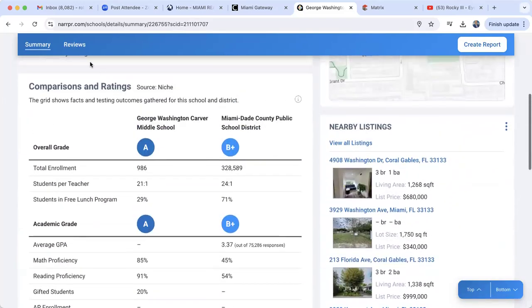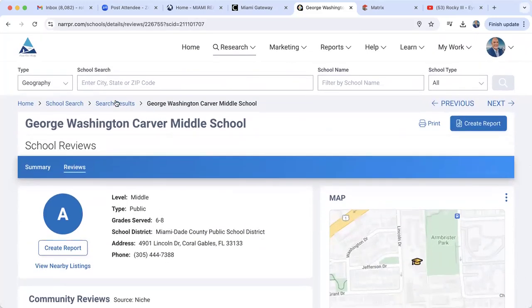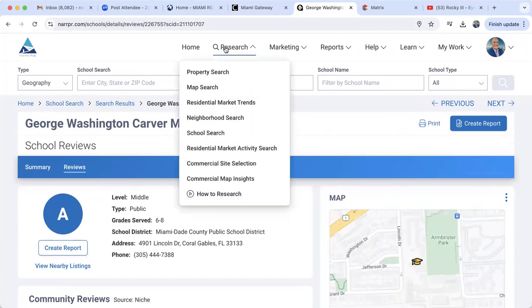You want to see reviews, you click on reviews, and you're going to have parents and teachers alike leaving reviews on the school. All right. So you can run this for any zip code or city in the entire US. And that is your research for schools.